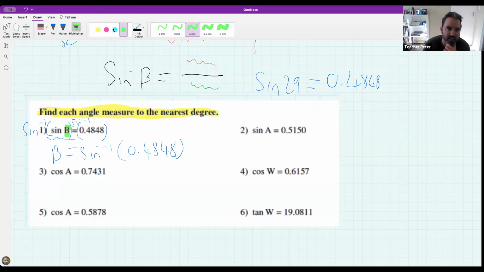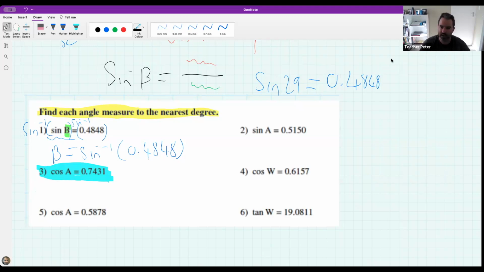Okay, I want you to do number 3 for me. Can you find the value of A such that the cos of A is 0.7431? Can you please all solve this trig equation for me? What have you got for A?